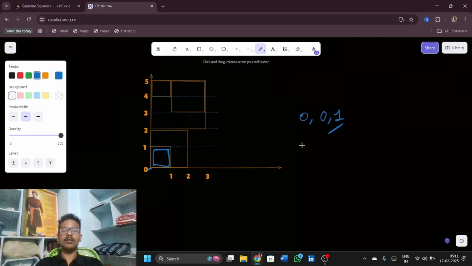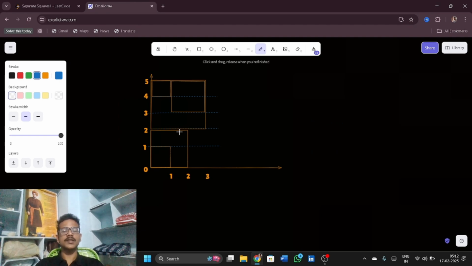And if we are given 0, 0, 2, then there will be a square parallel to the axes with 0, 0 as its bottom left point and side length 2. So these are the squares given.